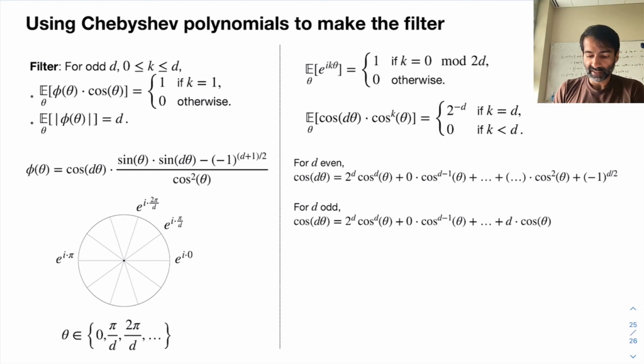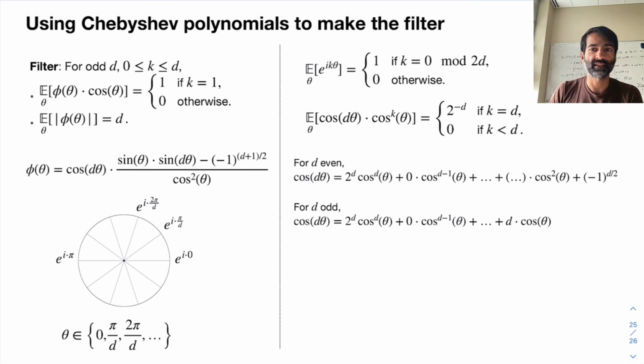The first claim is that when you write cosine d theta as a polynomial in cosine theta, the degree d term has coefficient exactly 2 to the d minus 1, whether d is even or odd. The next claim is that if d is even, all the powers cosine k theta where k is odd do not occur. So all the odd coefficients are 0. And when d is odd, all the even coefficients are 0.